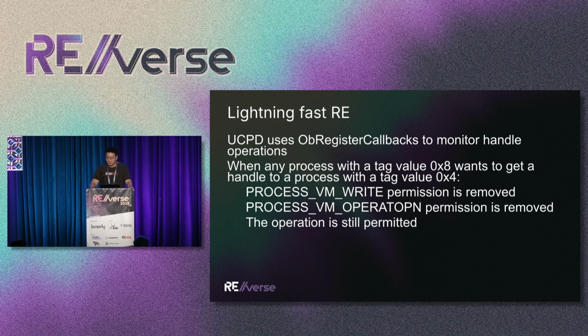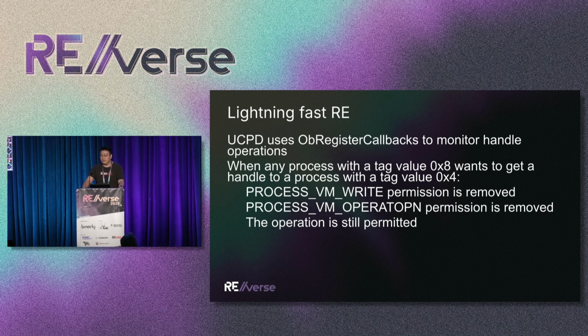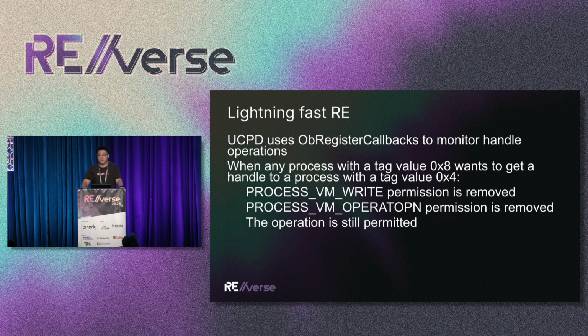So what happens in particular is if any process with a tag value 8 wants to get a handle to a process with the tag value 4, then these two permissions are dropped: PROCESS_VM_WRITE and PROCESS_VM_OPERATION. So these two operations will be removed. However, the operation itself is still permitted.